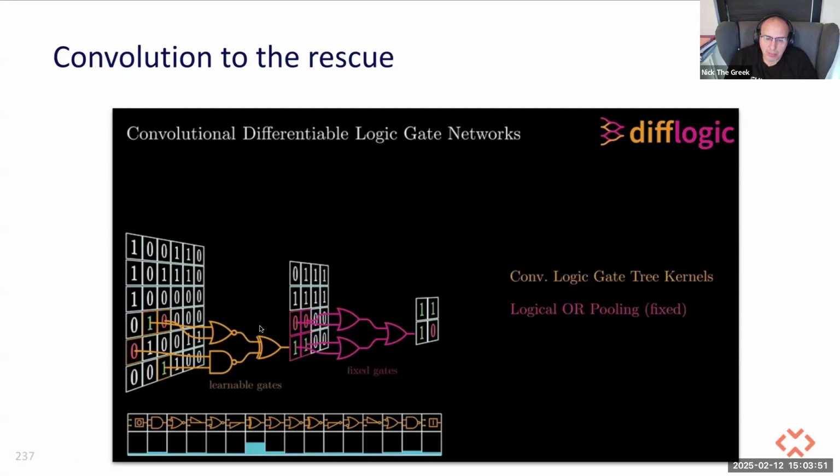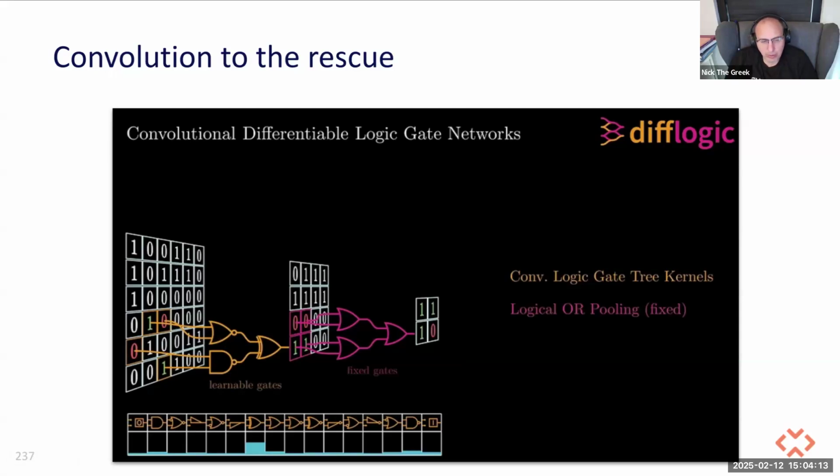And now you're basically trying to learn that network. That's what you're trying to learn: whether your convolution kernel, what kind of gate should it consist of? And the problem, of course, is that it's not a differentiable problem, but they somehow make it differentiable.